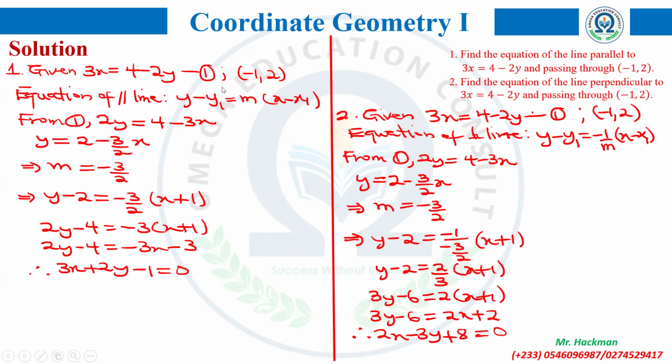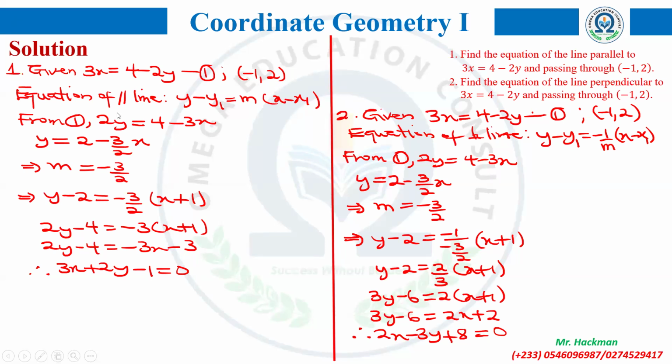Remember I told you, comma in math can also mean "and". Comma, semicolon, something to separate whatever you've extracted here. Take note. Then this will be the point that your line passes through. You can choose not to write "passing through". You've extracted, you know that the line is passing through this point.